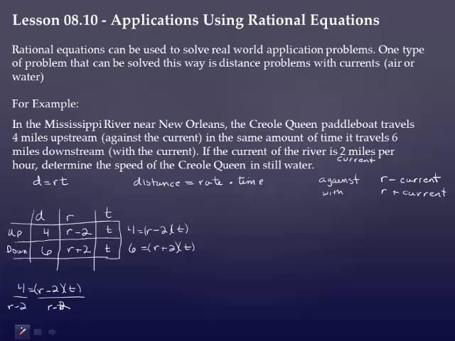And I'll have that t is equal to 4 over r minus 2. Or I have 6 is equal to (r plus 2) times t. If I divide both sides by r plus 2, I get that t is equal to 6 over r plus 2. The t's are the same.